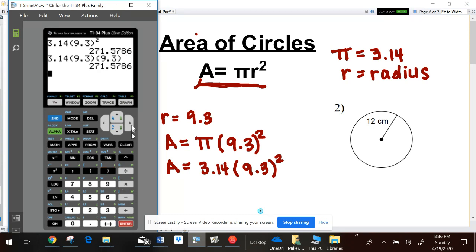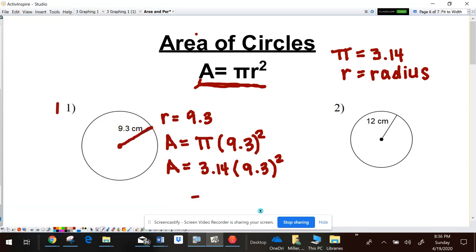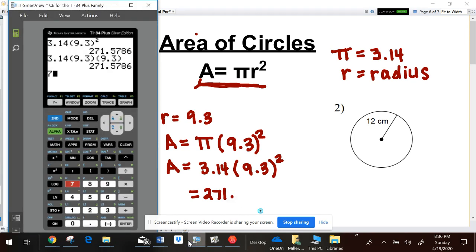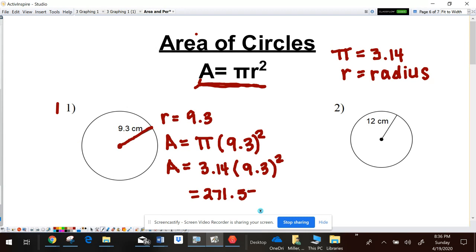And if I push enter, you will see that we get the exact same number. So our area was 271.57. All right, great job.